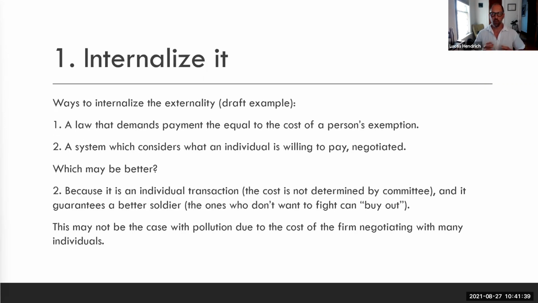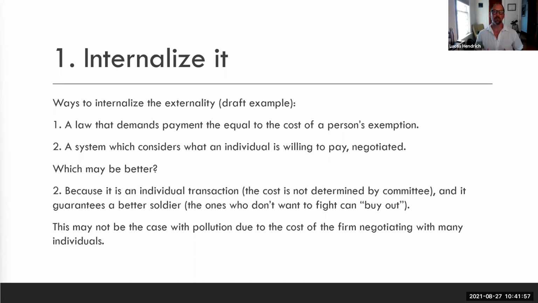So in talking about internalizing the externality, I'm going to use the military draft just because to me it's a bit easier to talk about, and it also includes the idea of a market solution in this discussion of rights.